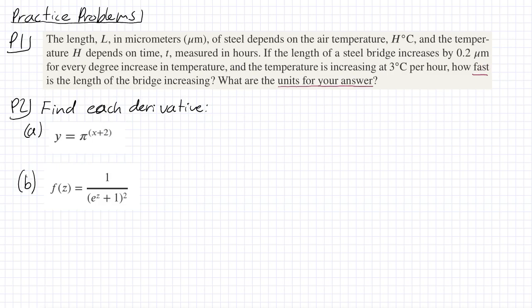And it's asking how fast is the length of the bridge increasing, and we're measuring length in these micrometers. So the units for your answer will be micrometers per hour. Are we talking about hours? Yeah. So micrometers per hour is how fast the length is changing.